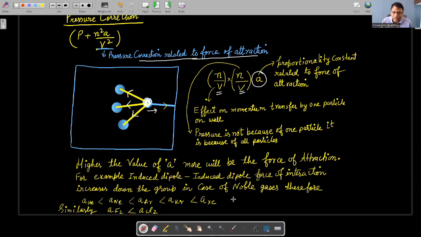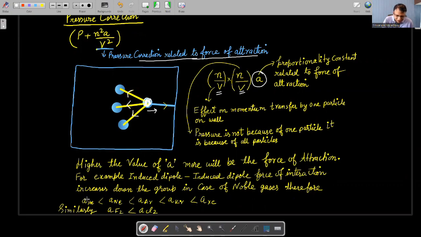And London forces depend on the mass of the gas particle, their surface area, their electrons, right? So as we are going down, all these factors are increasing. So van der Waals forces or London forces in noble gases increase down the group.